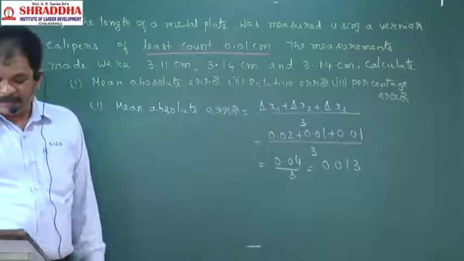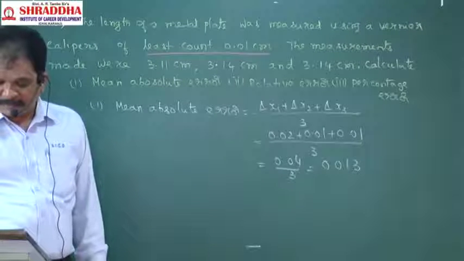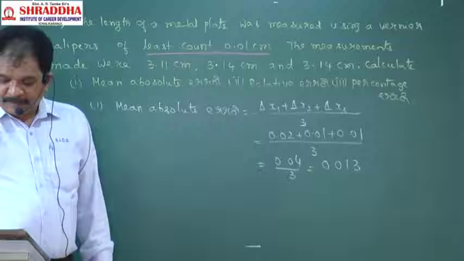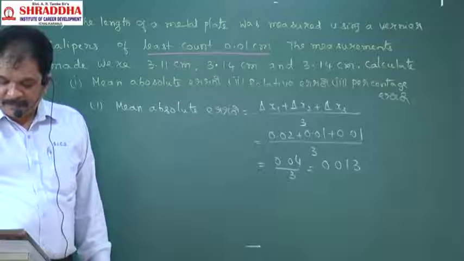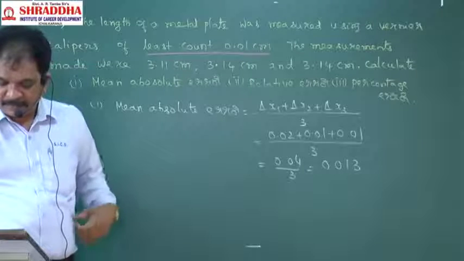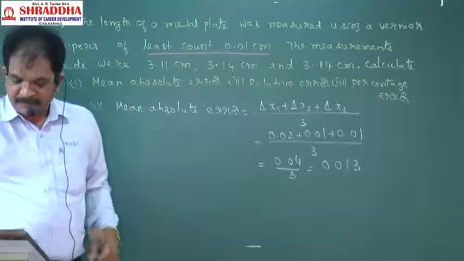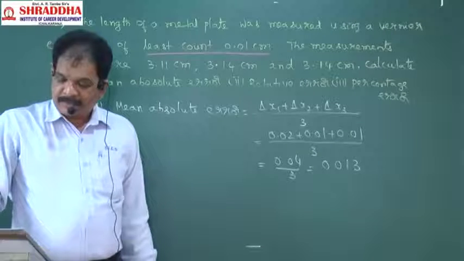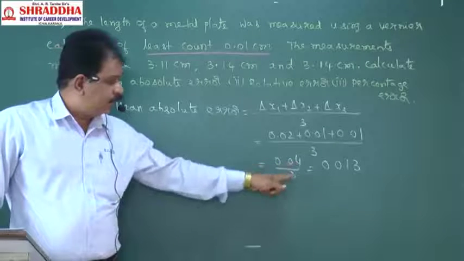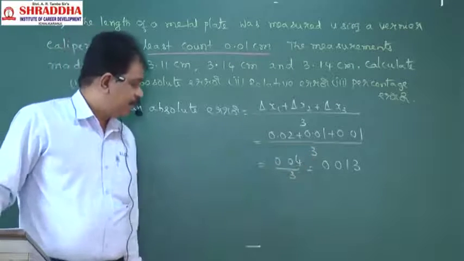That value is called the mean absolute error. Clear? Understanding?